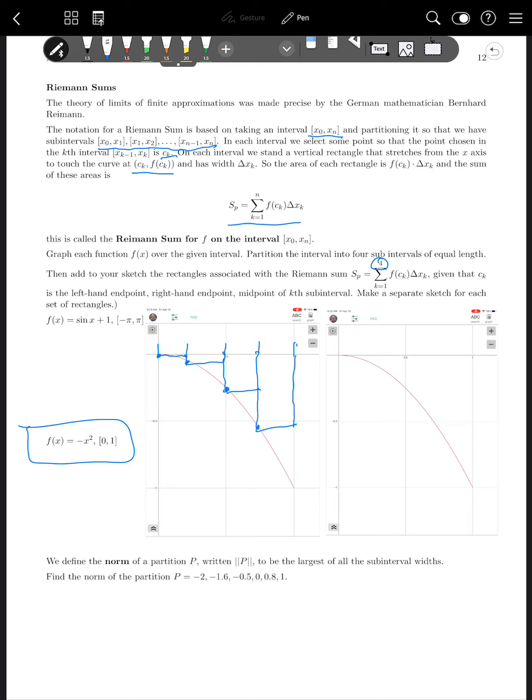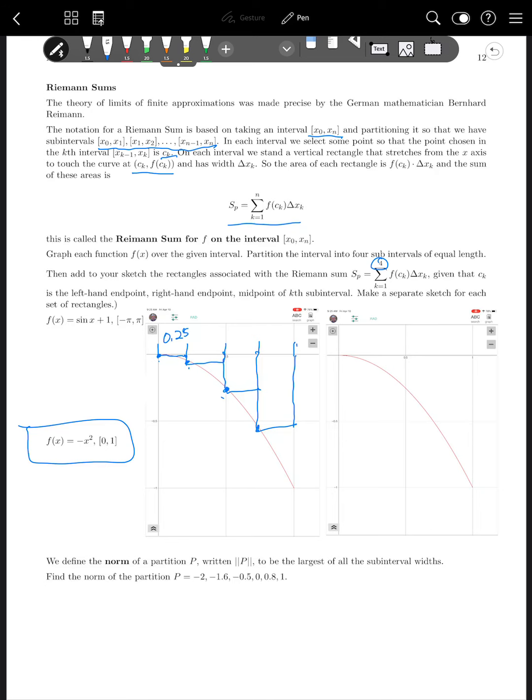Then what we would simply do is take our f of x, which is the y values for those points, times delta x. And delta x, as we saw in the last section, would be 0.25 in this case. So you are summing things together, and for each k value you find the value of the endpoint in the function.